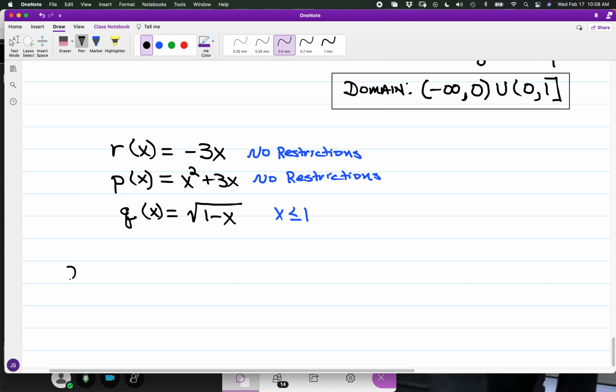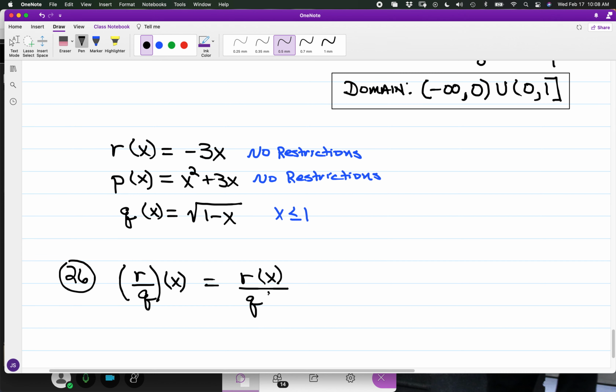So for 26, this time we have R over Q of X. And for R over Q of X, you have R of X over Q of X. And let me mention this. I'm going to bring this on down here.